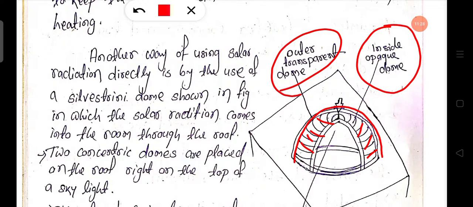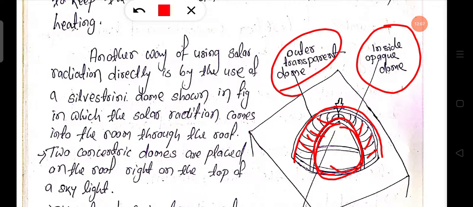Two domes are there, and these domes are movable, and there is a window or a gap through which the air circulation or ventilation happens, and these movable domes are solar trackable. That means solar ray trackable.